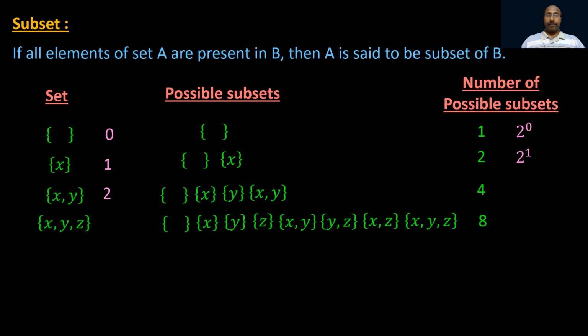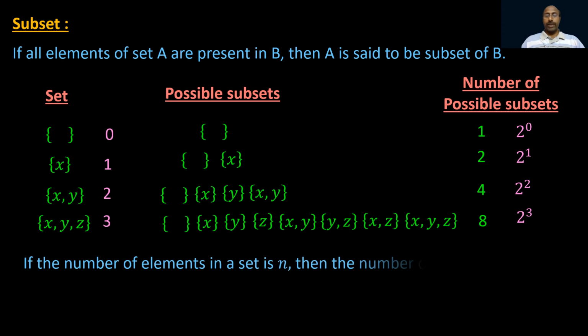And for a set containing 2 elements, we have 2 power 2 subsets. And for a set containing 3 elements, we have 2 power 3 subsets. So in that way, if the number of elements in a set is n, then the number of possible subsets for the set is 2 power n.